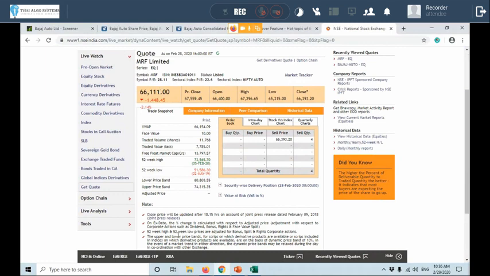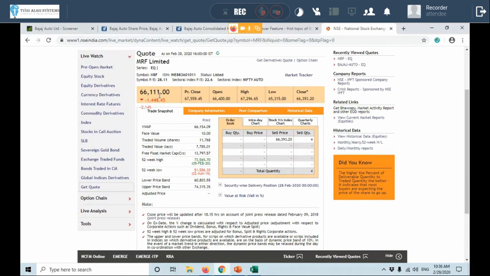Even institutional investors will not invest or trade in such a stock because there are very few participants in such stocks. Hence, there will be a liquidity problem. Right now we can't see the liquidity here, but generally the volumes will be very low.